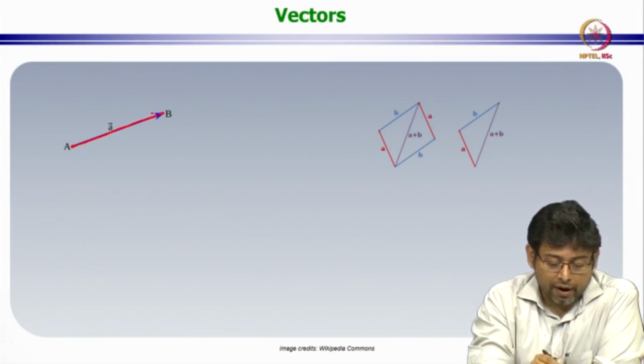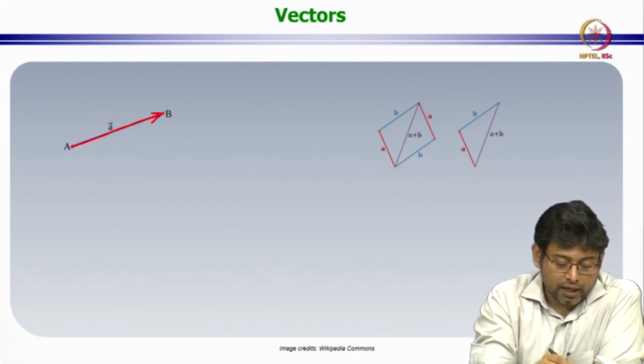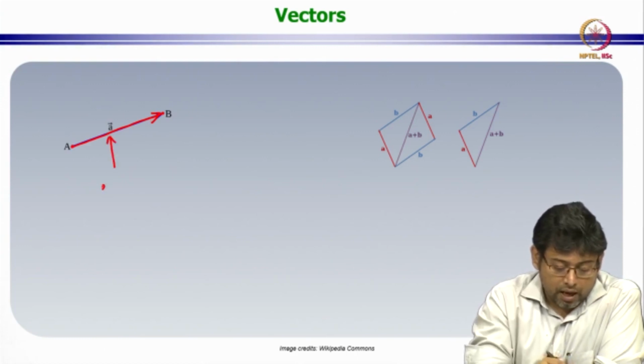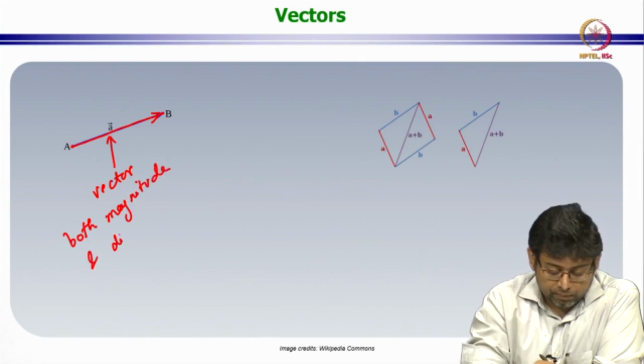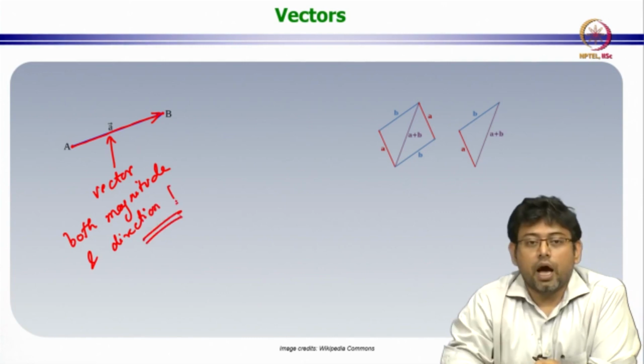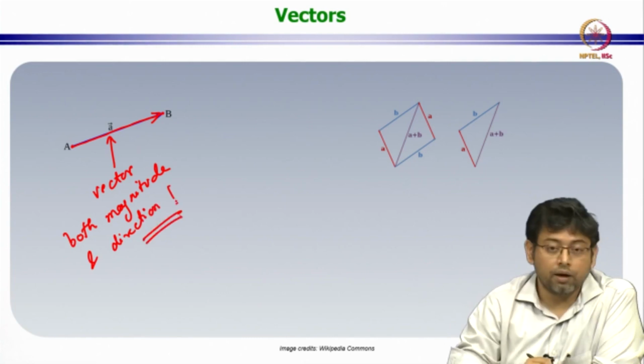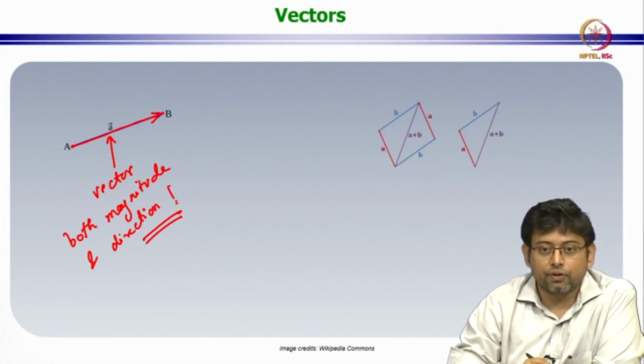So you draw this arrow, and you say that this is now a vector, and this has both magnitude and direction. Right. So this is the simple introductory idea of vectors that we learn as children, perhaps.